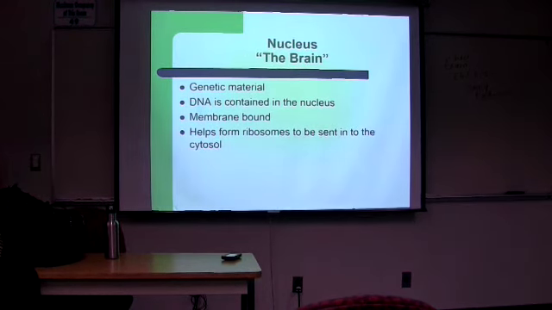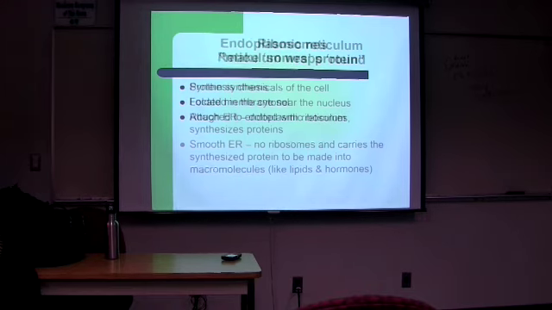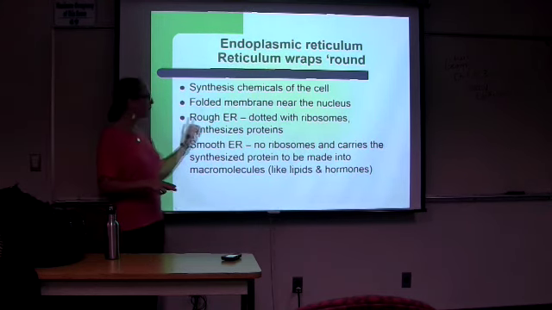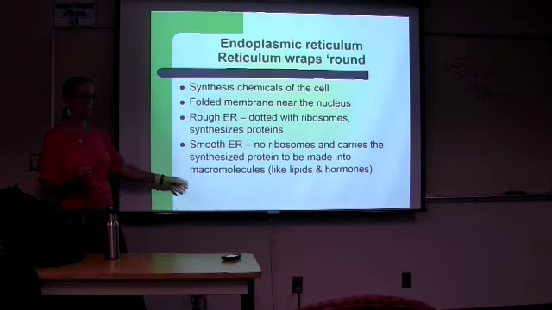So, nucleus we spoke about, genetic disorders we spoke about. We looked at those ribosomes where protein is created. I'm going to talk about those steps. Endoplasmic reticulum wraps around, it's a folded membrane. Rough ER synthesizes proteins. Smooth ER helps to sort of put the proteins together, but we also will package lipids in there as well, and hormones.